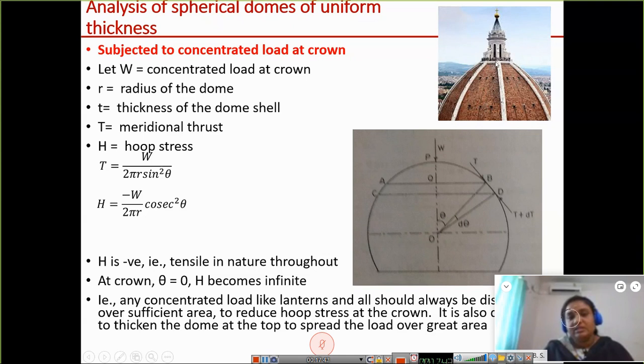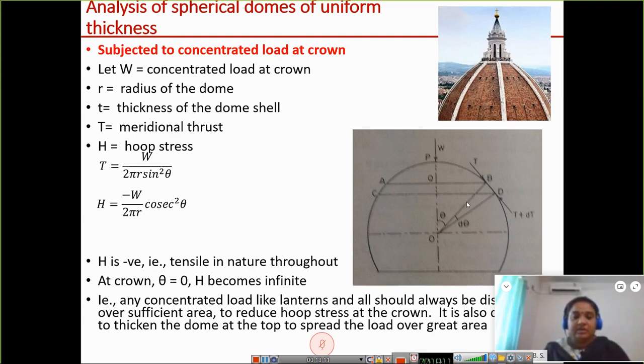So let W be the concentrated load, R the radius of the dome, T the thickness of the dome shell, capital T similarly, as in the previous case, the meridional thrust, and H the hoop stress.